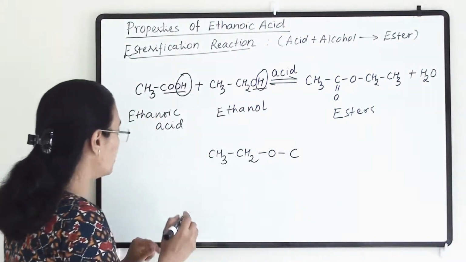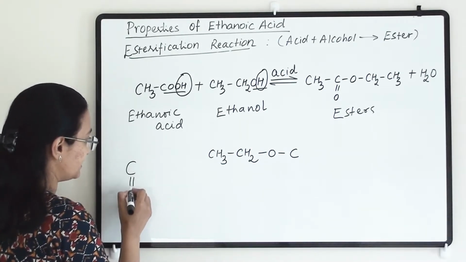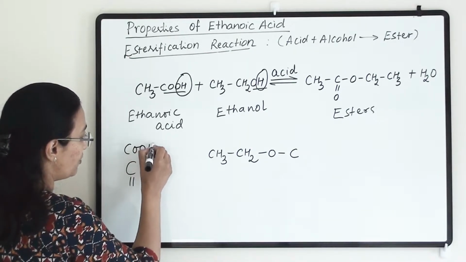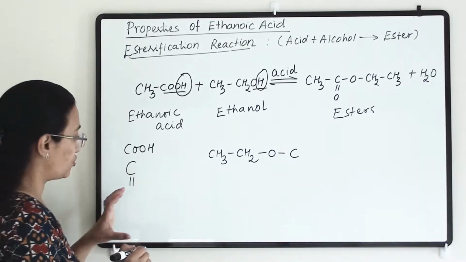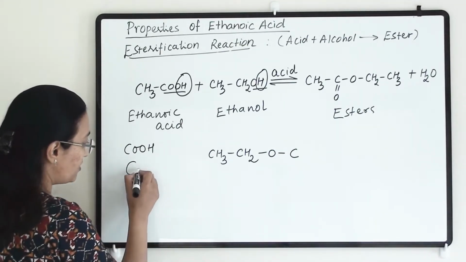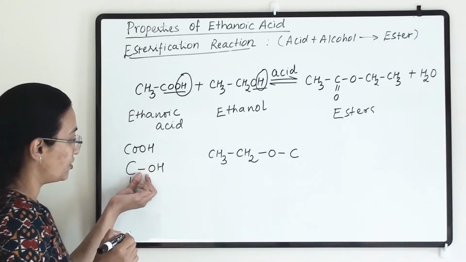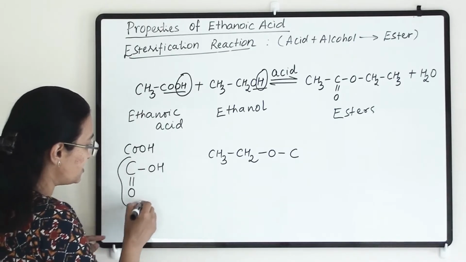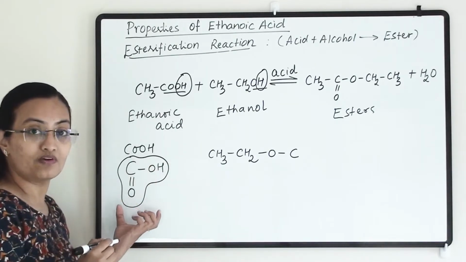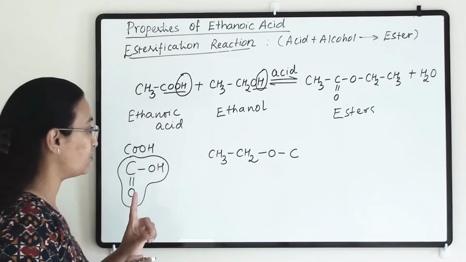And as we know, the structure of carboxylic acid is something like this, COOH. Structurally, carbon is joined with oxygen with a double bond and it is joined with OH with a single bond. So here you can see that carbon's 3 valencies have already been satisfied. Now it is lacking only 1 valency.